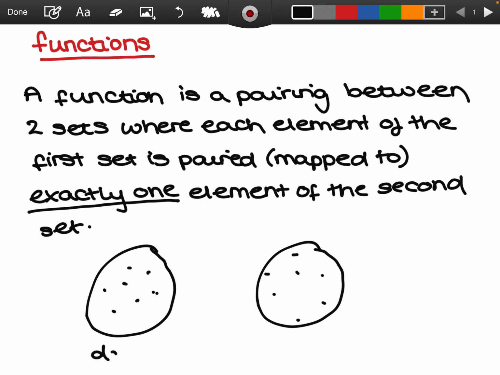Your first set that you are mapping from is always called the domain. The second set is called the codomain. And a function just pairs each element of the domain with exactly one element of the codomain.